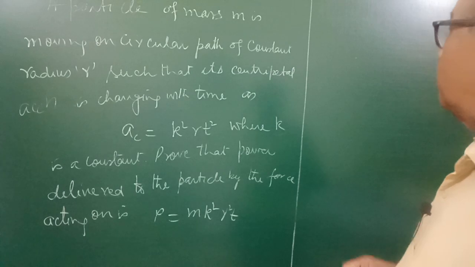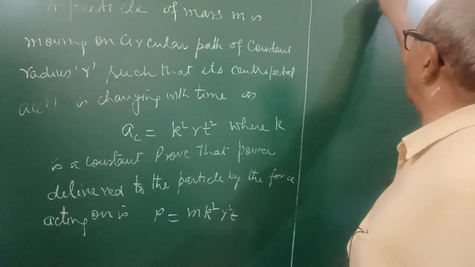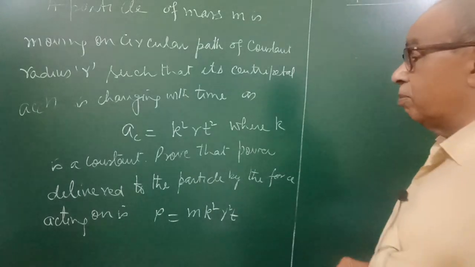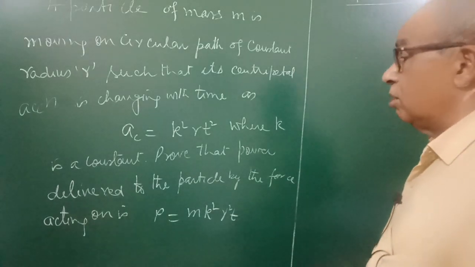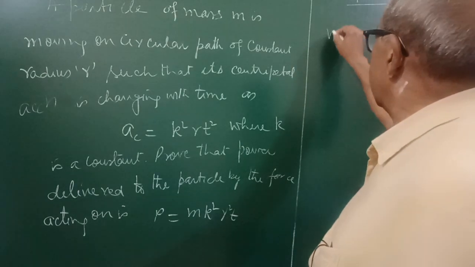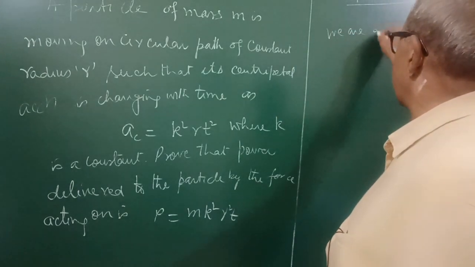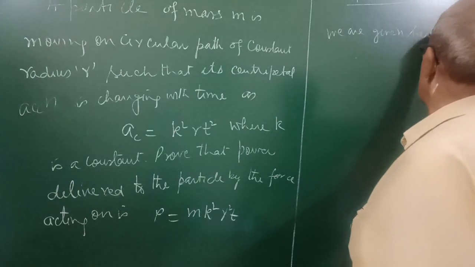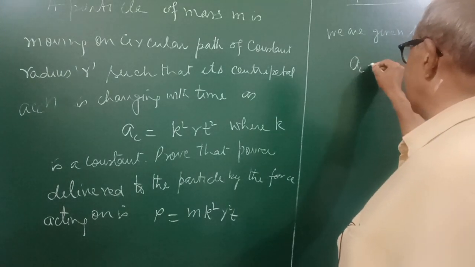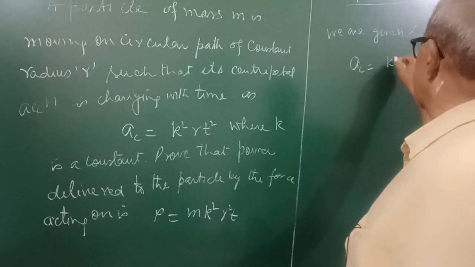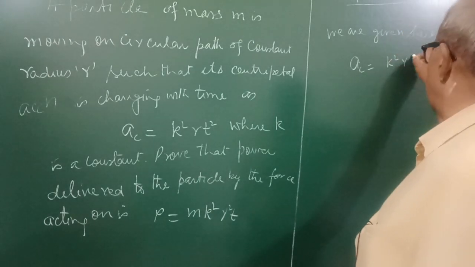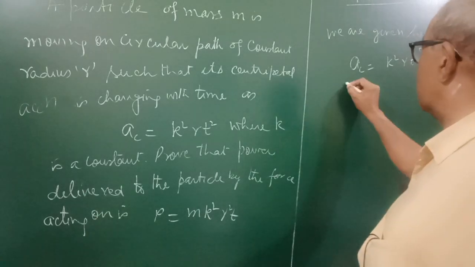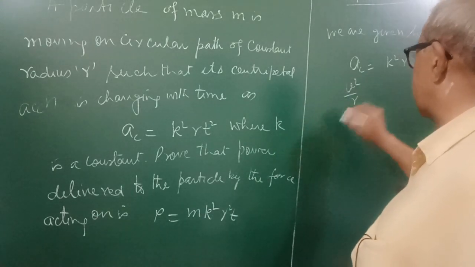So we know power equals force into speed. Power delivered is force into speed. So we are given here a_c equal to k squared r t squared, and then v squared by r is the centripetal acceleration.